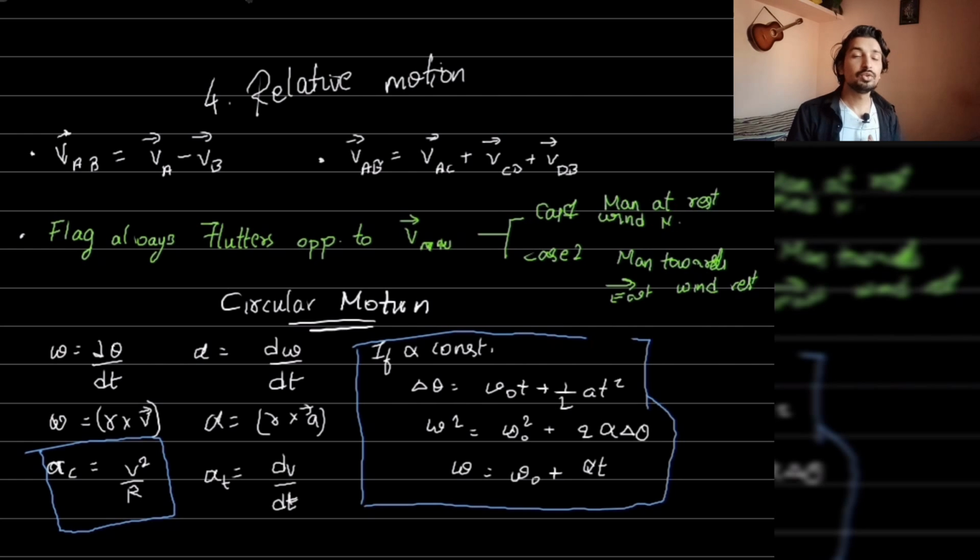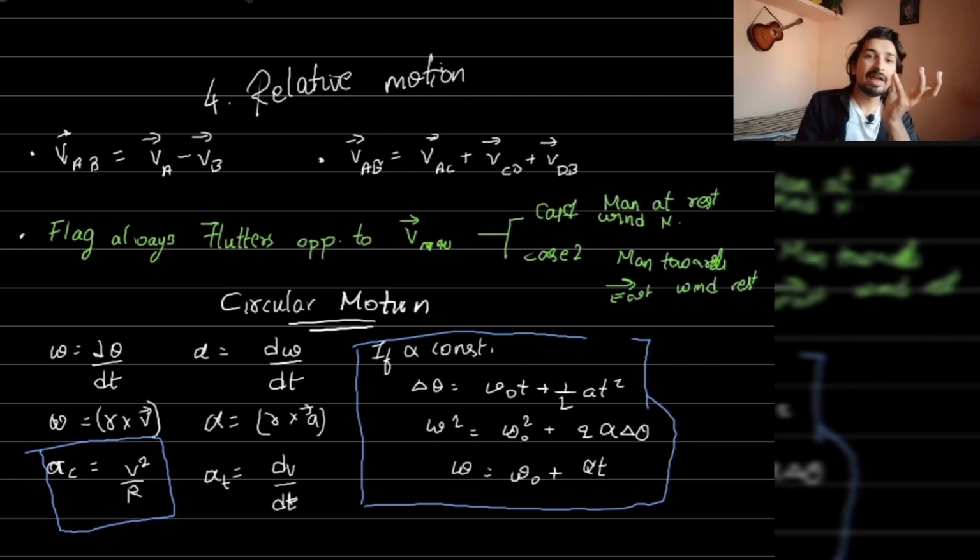So you can use all the equations. Also, velocity is omega cross r, and in terms of normal acceleration, angular acceleration alpha relates to r cross a.